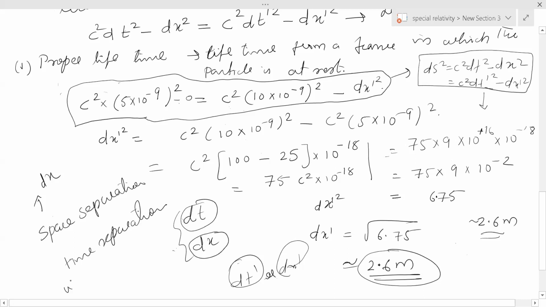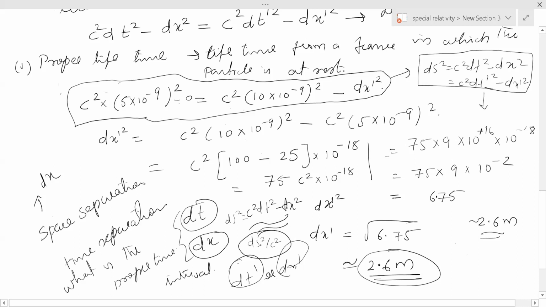They may ask what the proper time interval is, and then you will have to use the same thing. You just construct c square dt square minus dx square, and you know that this is ds square. And we have already shown that ds square by c square is the proper time. We'll be doing more problems, and then you'll see the situations where we can actually use this relation.